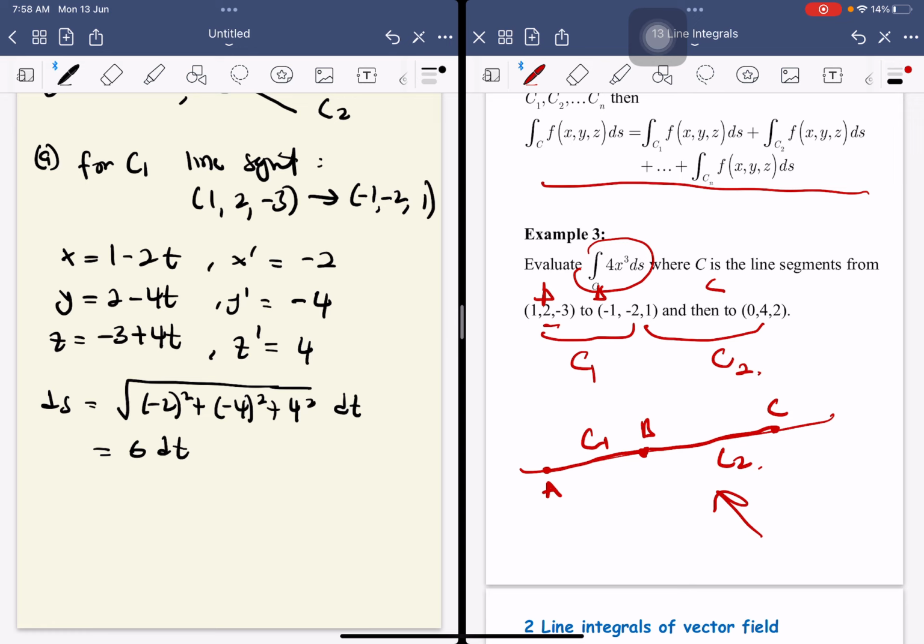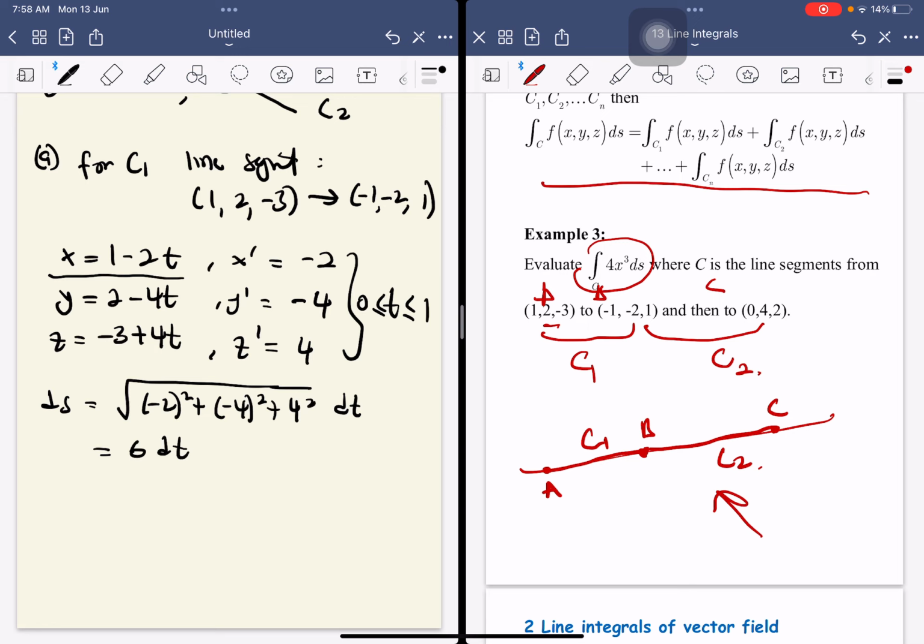Don't forget to check the limit for t. You can check it on your own, but the limit for t for this one is from 0 up to 1, based on the points.